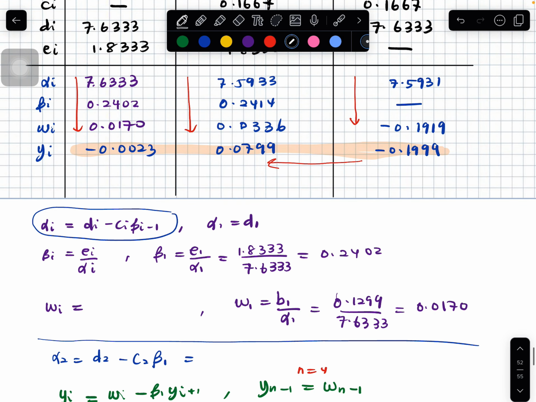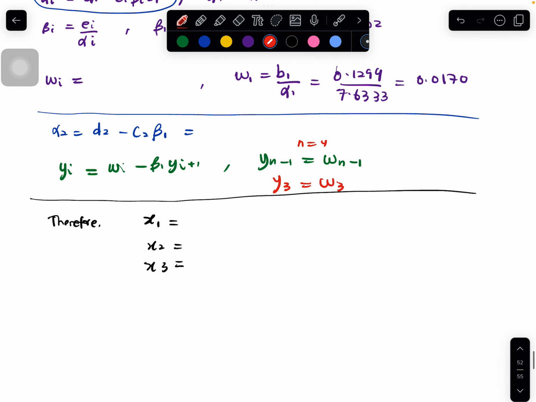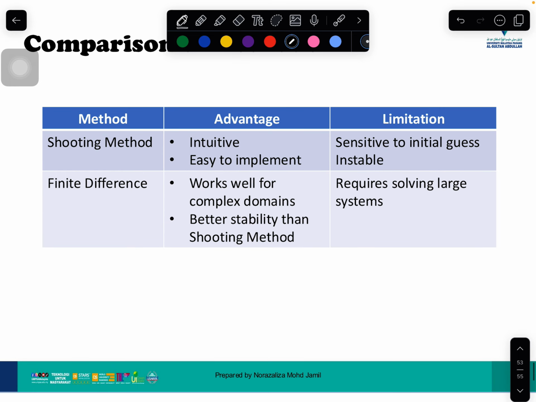Okay, so here we remain y in the Thomas algorithm, but we note that this is actually the value of x1, x2, and x3. So you report that in the conclusion note. Now you have completed the solution of finite difference method. Okay, so let's go to the next slide.